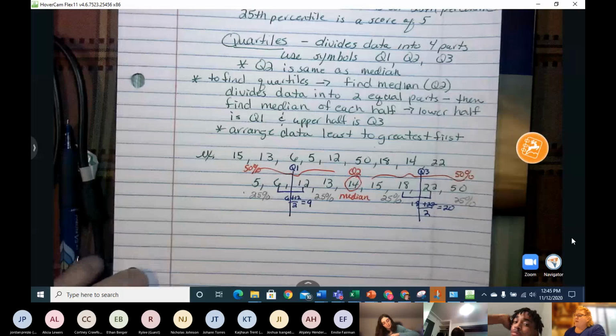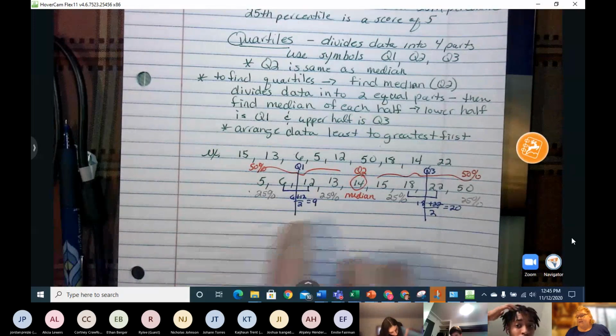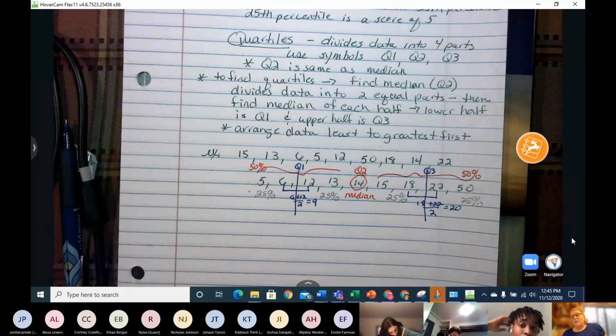So there may be questions to interpret your data based on knowing quartiles. How much data is above quartile 2? 50%.